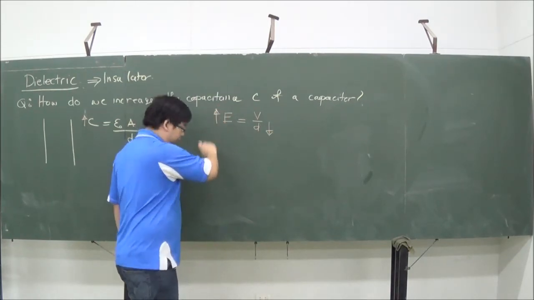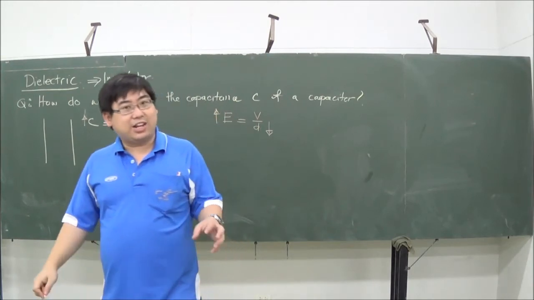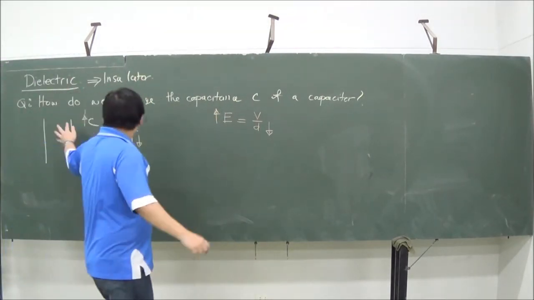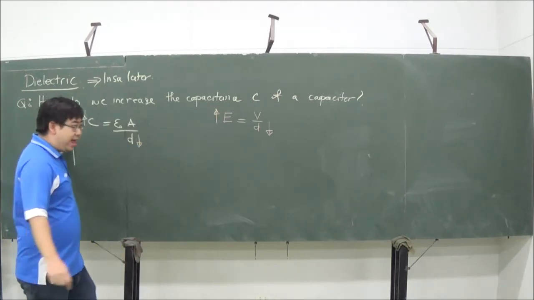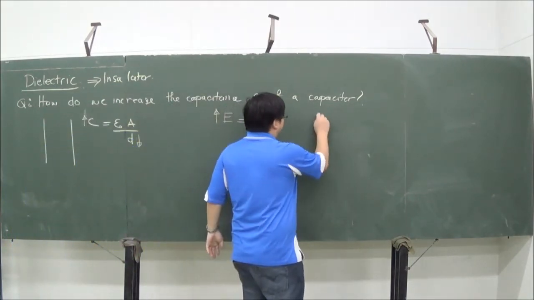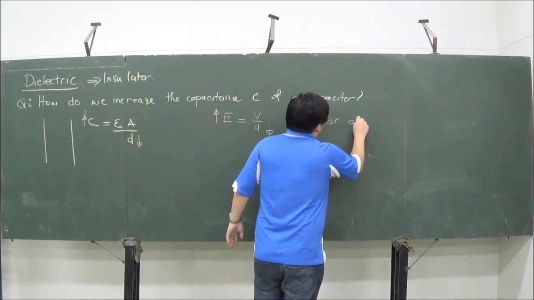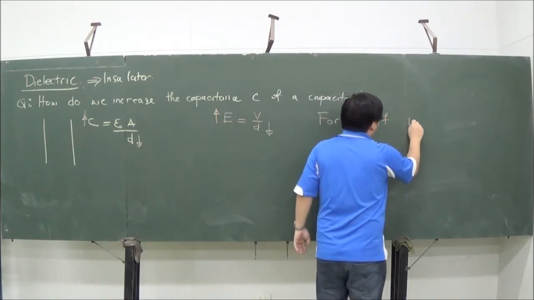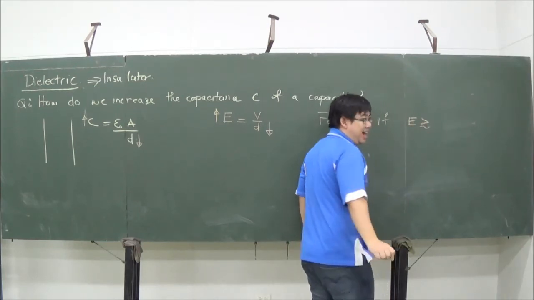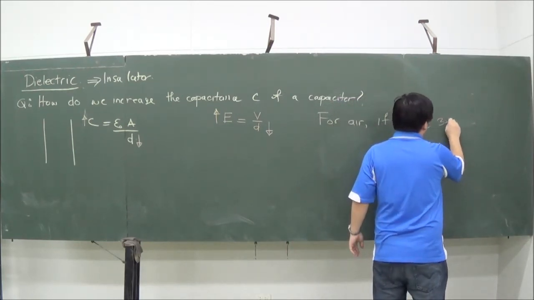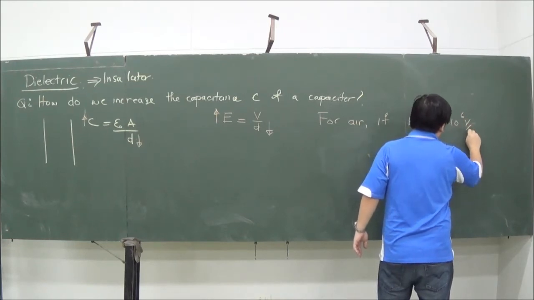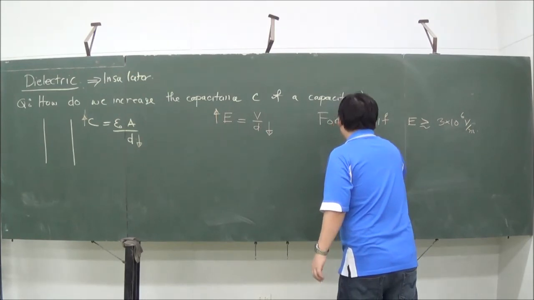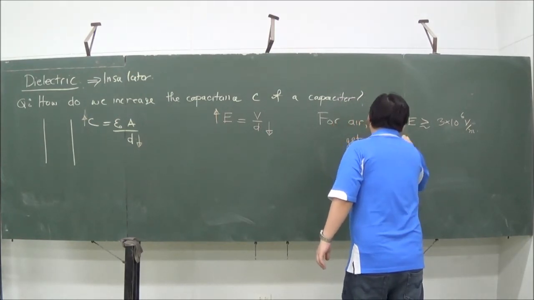The electric field increases. And between this capacitor is air, and we know that for air, if the electric field is larger than about 3 million volts per meter, you get a spark.